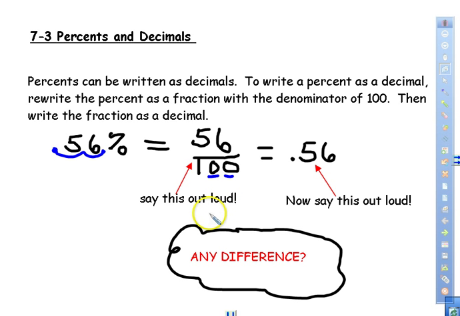Or if you multiply by 100, you move it to the right. Two places, because of the two zeros in 100 cause that place value to shift 2 to the right or 2 to the left if you are dividing. So that is another way of doing this, taking your 56% and moving it to the left 2 places gets rid of the percent sign to give you a decimal.